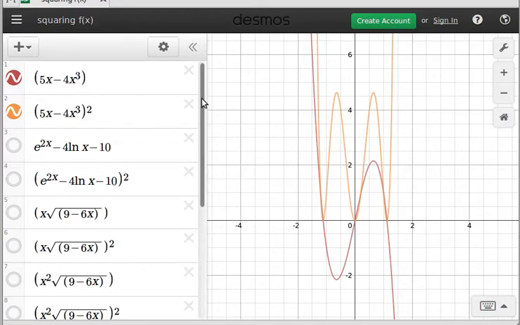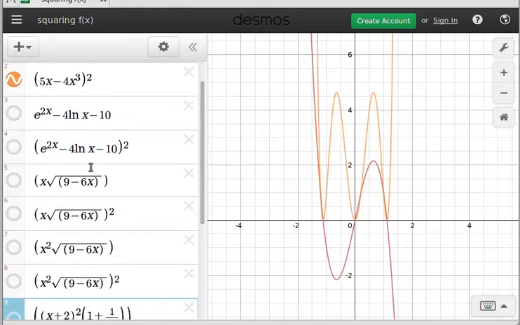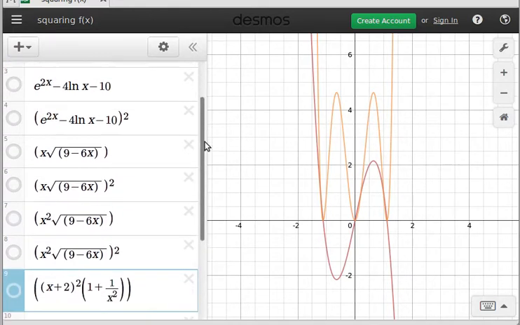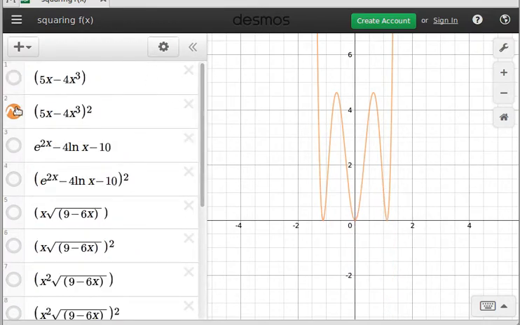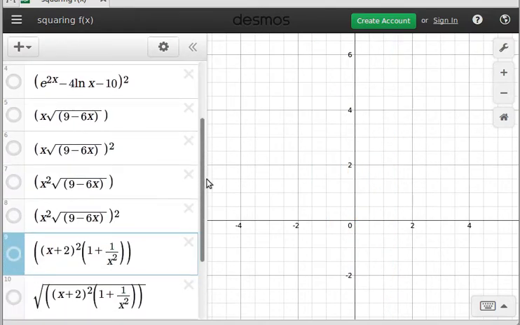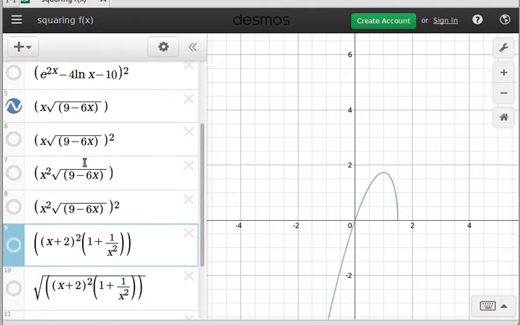I'm going to skip this one. Let's look at another example. This is f of x times the square root of some function, and I'm going to square this. Notice that this is the interval that I'm interested in, because this is the side that's positive. I have a maximum occurring, so I would expect to see a maximum somewhere around here.